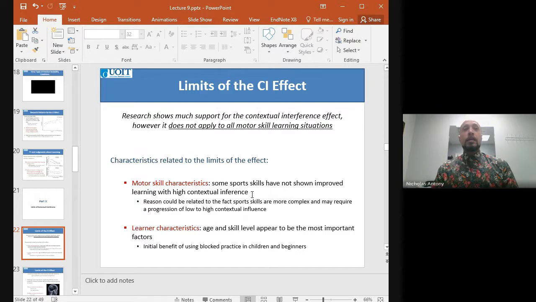Some skills that are very, very difficult show that you don't want to start with high contextual interference because they're too difficult. Or if the learners are beginning or very young, they may need to start with low contextual interference to get the repetitions required to just get the baseline movement patterns down.